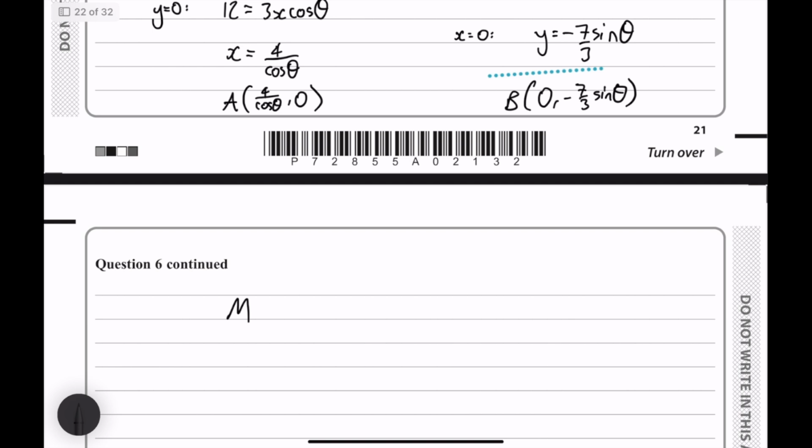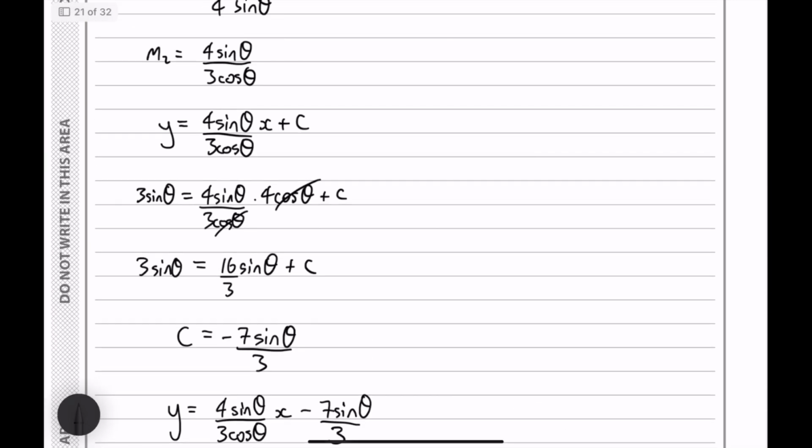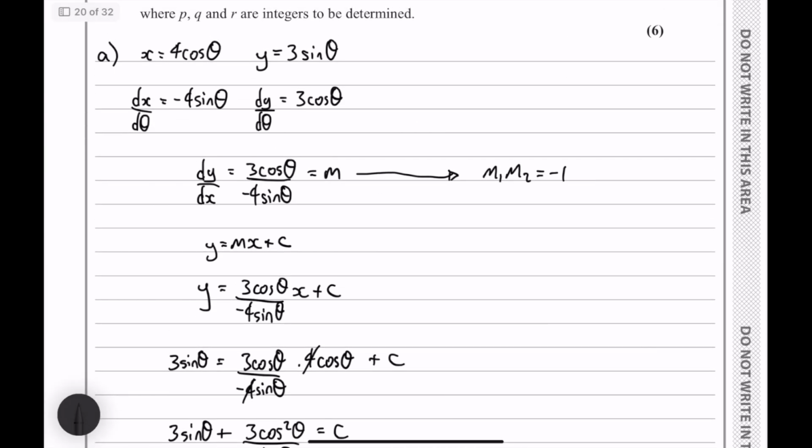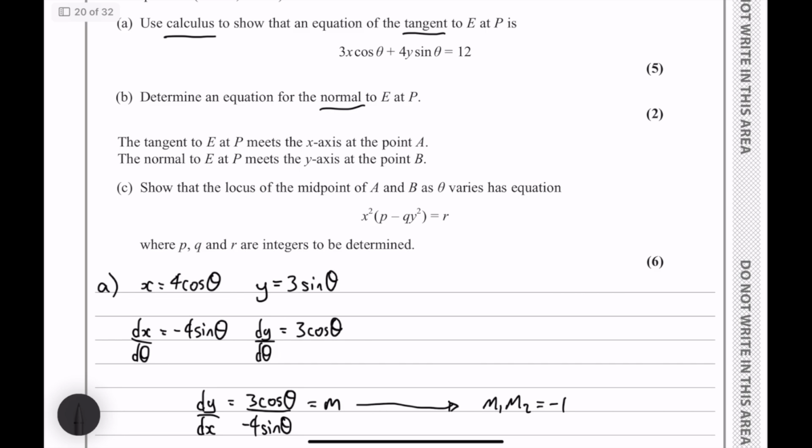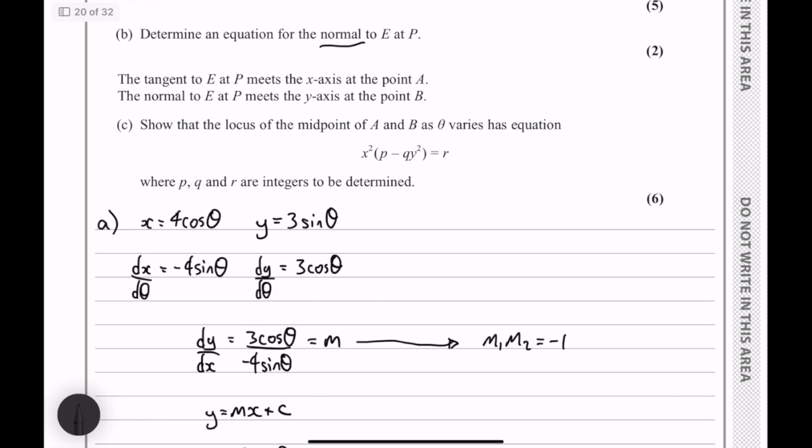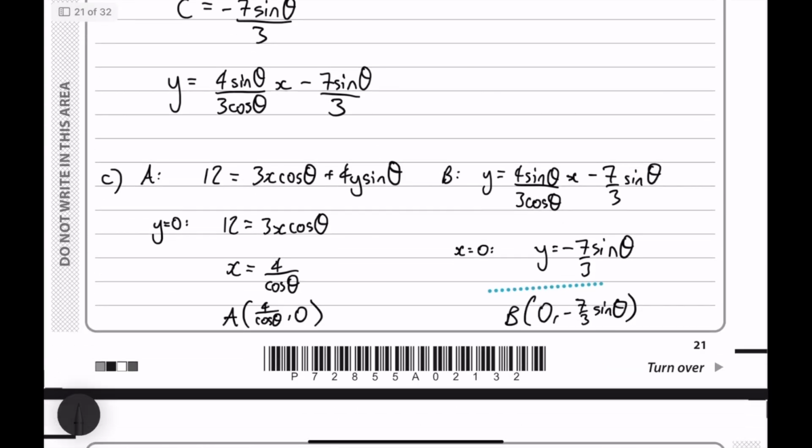So the midpoint of these two is quite easy because of those zeros. We've got 2 over cos theta and minus 7 over 6 sine theta. Now we need to make that look like the equation all the way back up here: x squared p minus qy squared equals r.